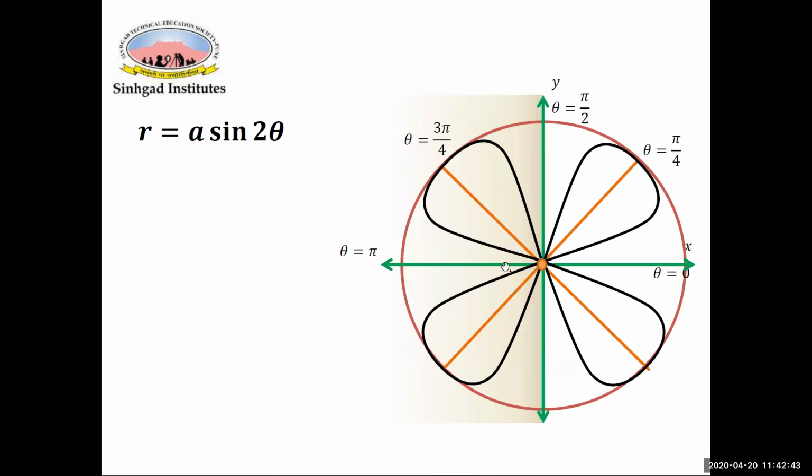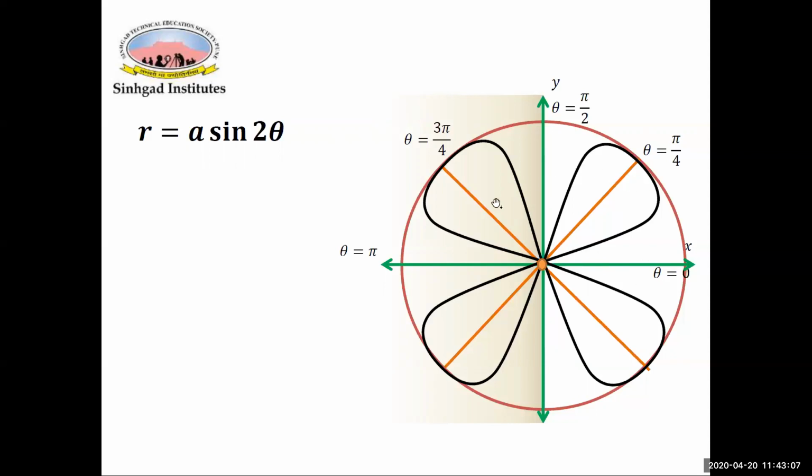First thing, this is your x-axis, y-axis. Then we have divided each quadrant into 2 equal parts. After dividing each quadrant into 2 equal parts, you have to draw the first loop along the line theta is equal to pi by 4.